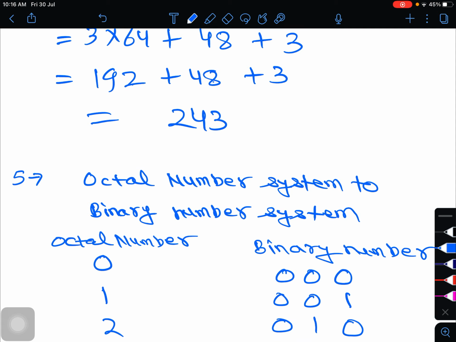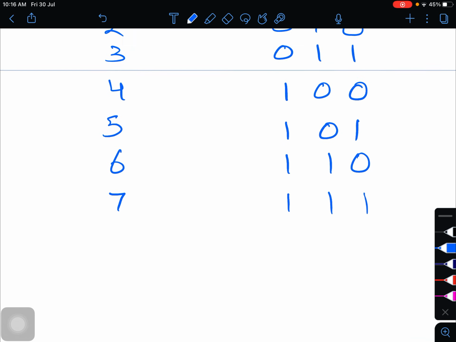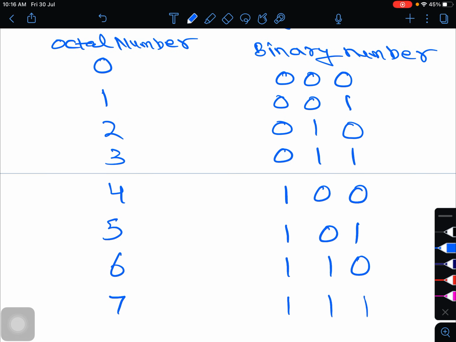So in this way you can convert octal number to binary number.